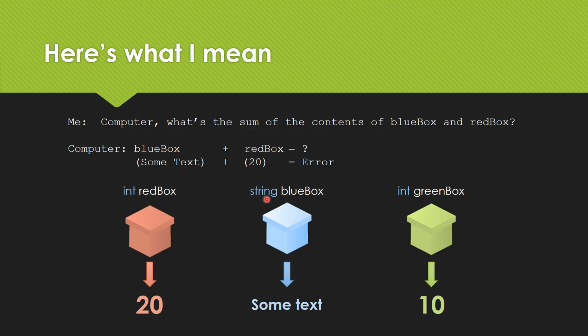We have string that says that the blue box contains a string, or some text in this case. Then we have the green box, which is an integer that contains an integer. So the computer is going to go to the blue box, pull out this value, some text, go to the red box and pull out the 20. And when it tries to add them together, it gives us an error. And again, this is because we're trying to add an integer to a string.